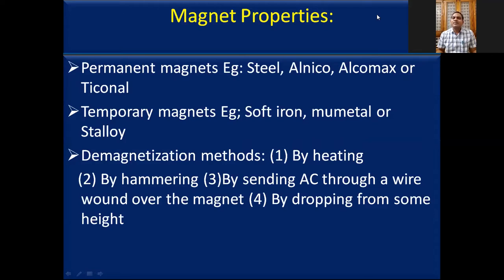Temporary magnets are made of materials like soft iron, mu metal, right? Also, a magnet can lose its magnetism. That property is called demagnetization. Demagnetization methods are by heating, by hammering, by sending AC current through a wire wound over the magnet, and by dropping the magnet from some height.